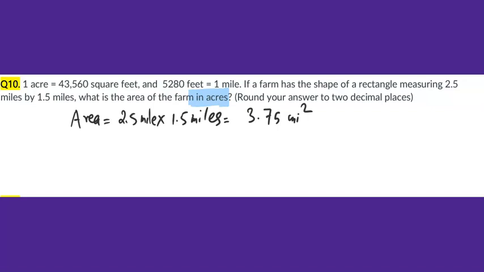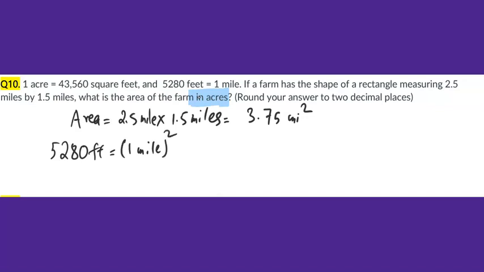So you have to change these square miles to acres, and to do that you have to use this equation. Notice that first the mile needs to be changed to feet. 5280 feet equals 1 mile.